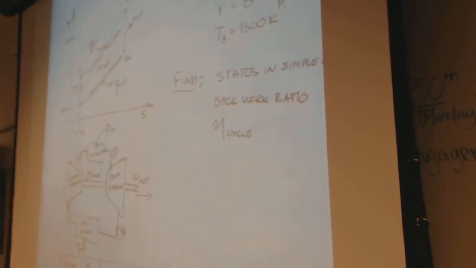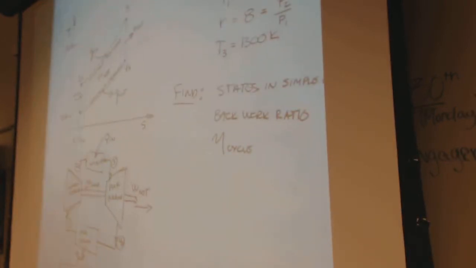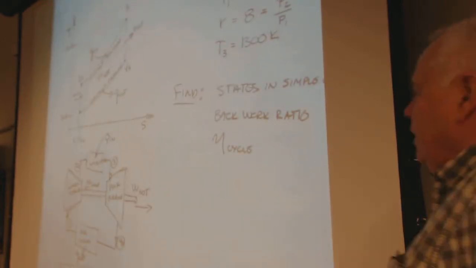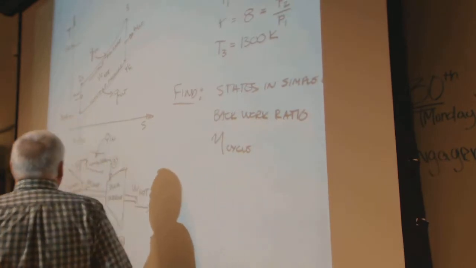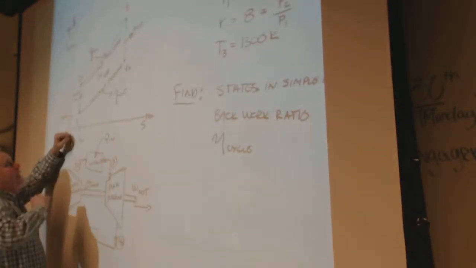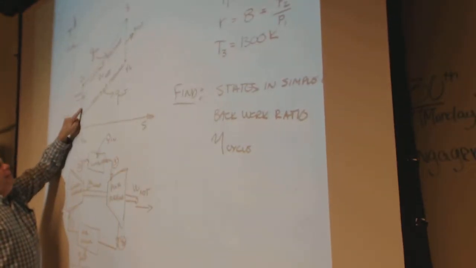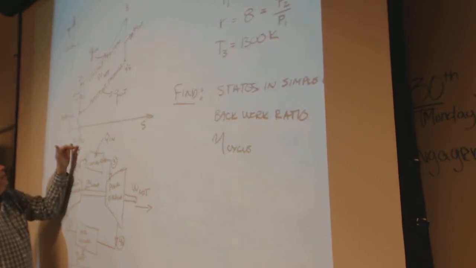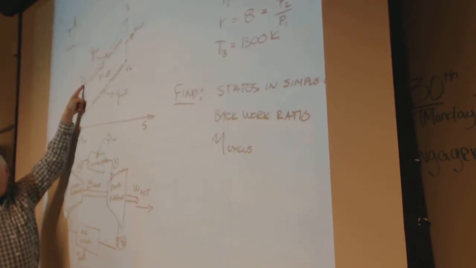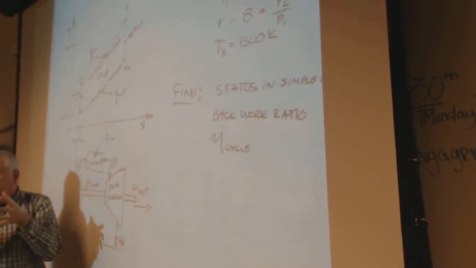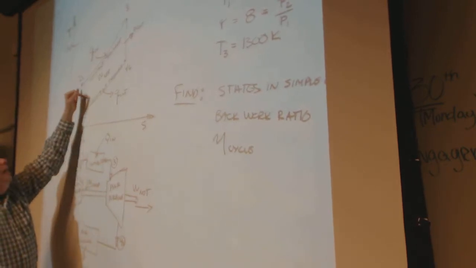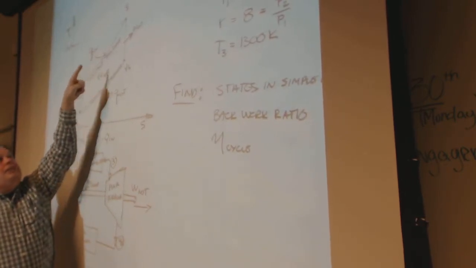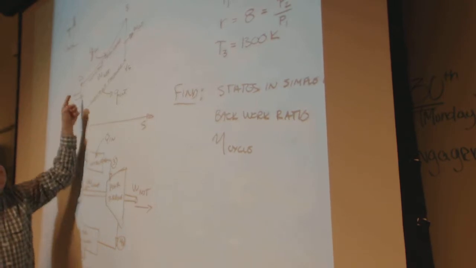Reminding ourselves what went on with the Brayton cycle. The gas turbine starts off as a TS diagram. You compress it isentropically, same entropy, and it goes up to a new temperature because gas gets hot when you compress it. Then you add heat, which increases entropy.